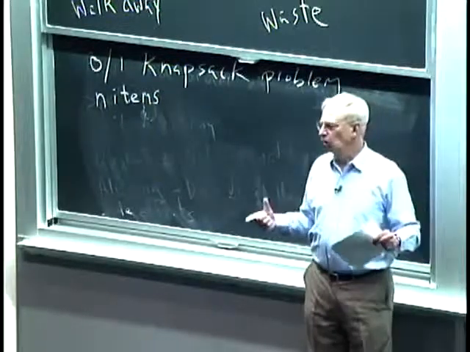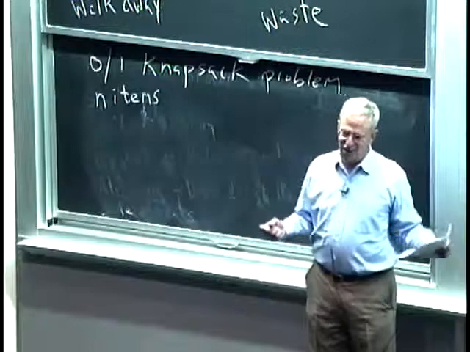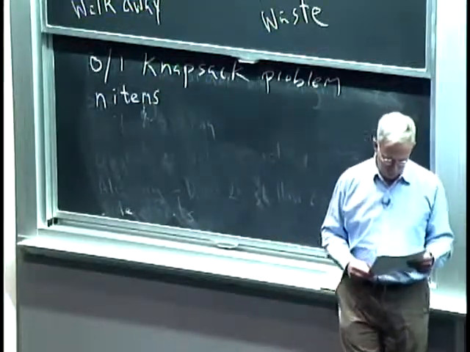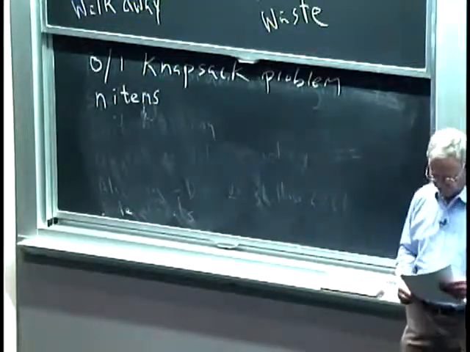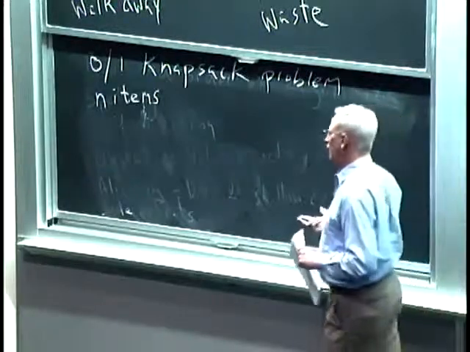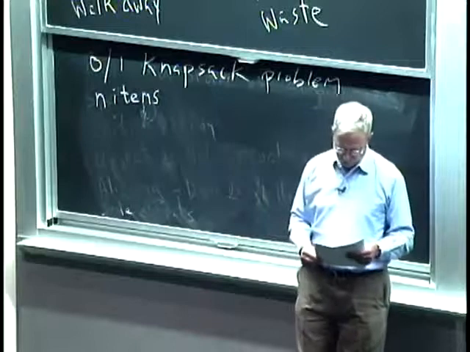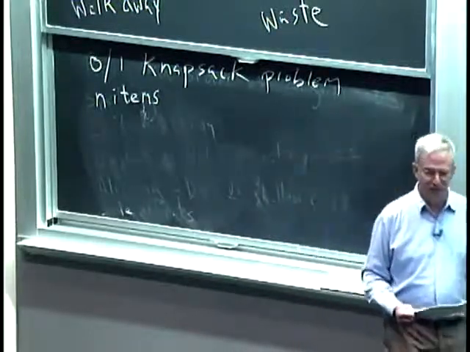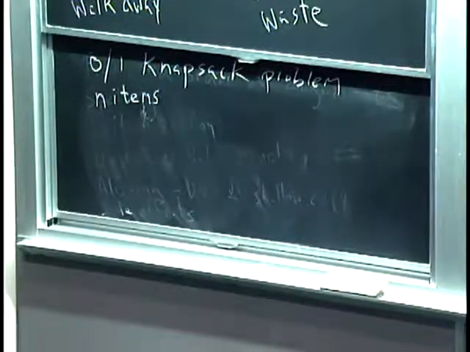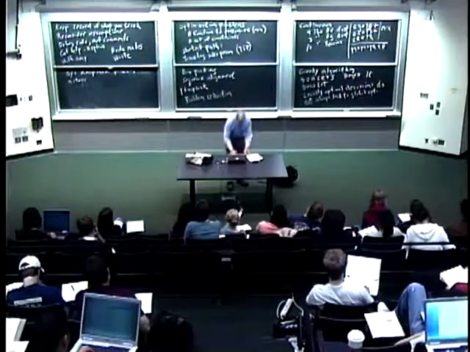Here, it's as if you had gold bricks. You get to take the whole brick or no brick at all. Each item has a weight and a value, and we're trying to optimize it as before. So let's look at an example of a 0-1 knapsack problem. Again, we'll go back to our burglar.